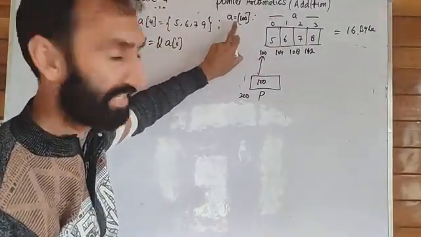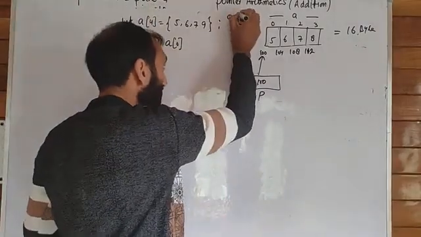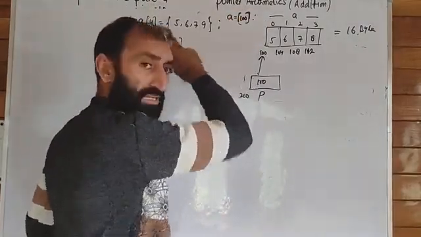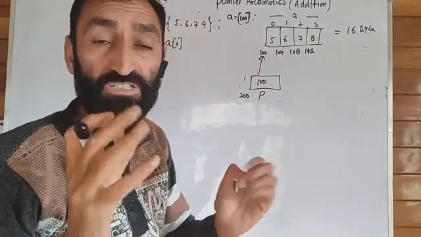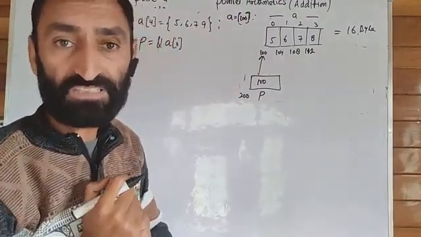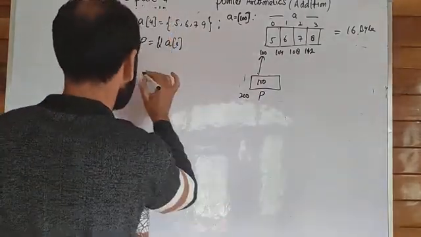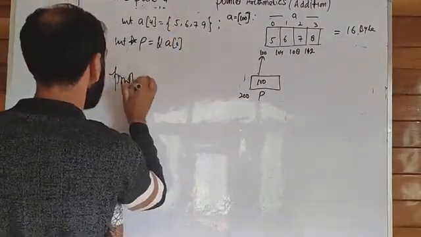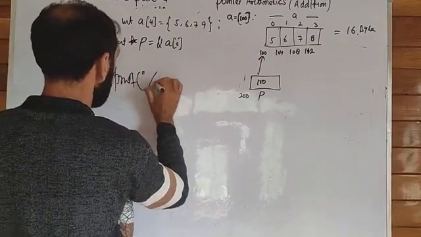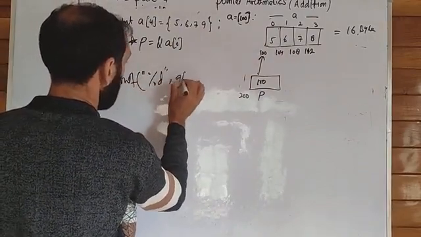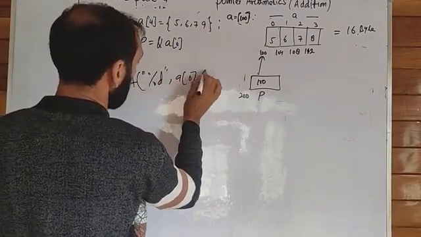But remember, we cannot perform any addition or subtraction operation on A, because the address present in A, the name of the array, is a constant. We cannot change that address. We can access elements through indexes, for example printing A of 0.